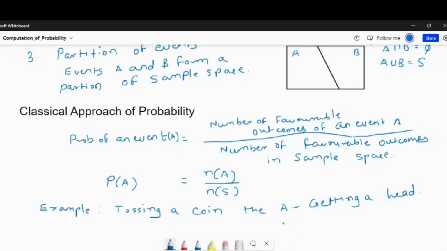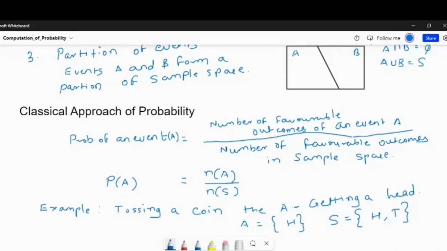Under A I will get only head, right? And in the sample space there are two elements, head and tail.